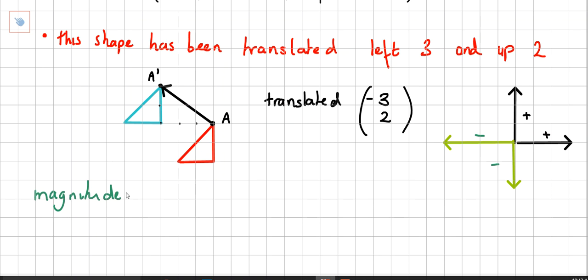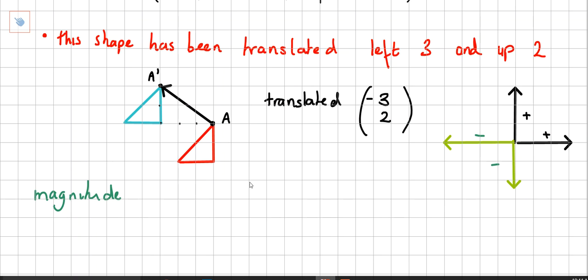So if we have magnitude as well, how do you think that relates to vectors? How far the translation goes. So if I asked you for a vector that had a larger magnitude but the same direction as the one I've just done, what would you think? -6/4.